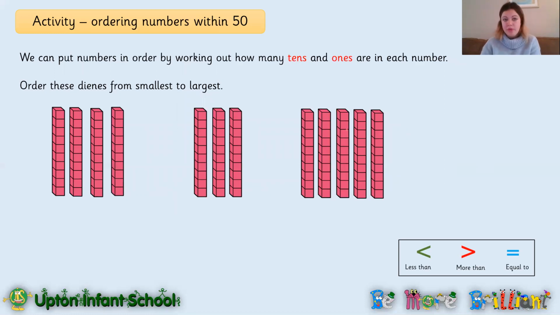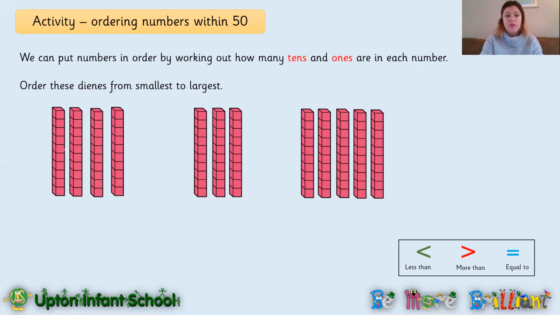And like we said before, we can put numbers in order by working out how many tens and ones are in each number. So if I was doing this, I would first of all count how many tens and ones I have in each group before I put my numbers in order. So I wouldn't put them in order straight away. I would break it down.